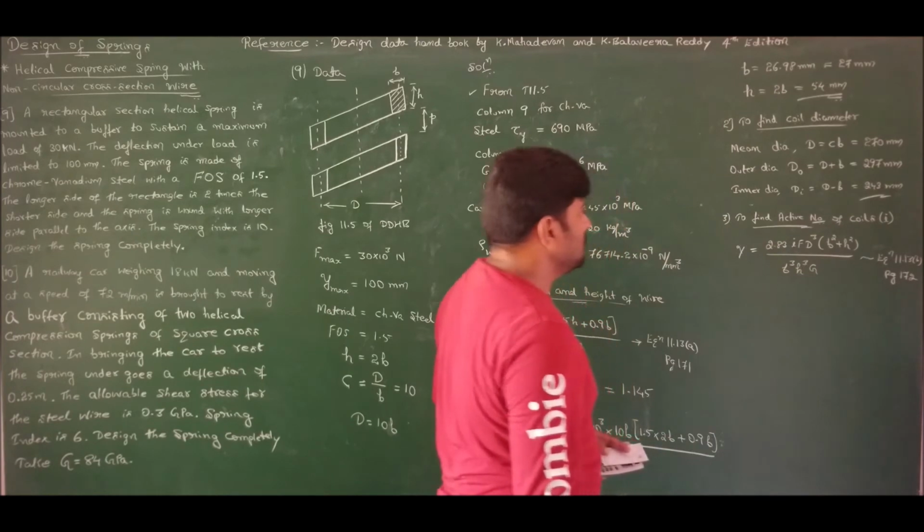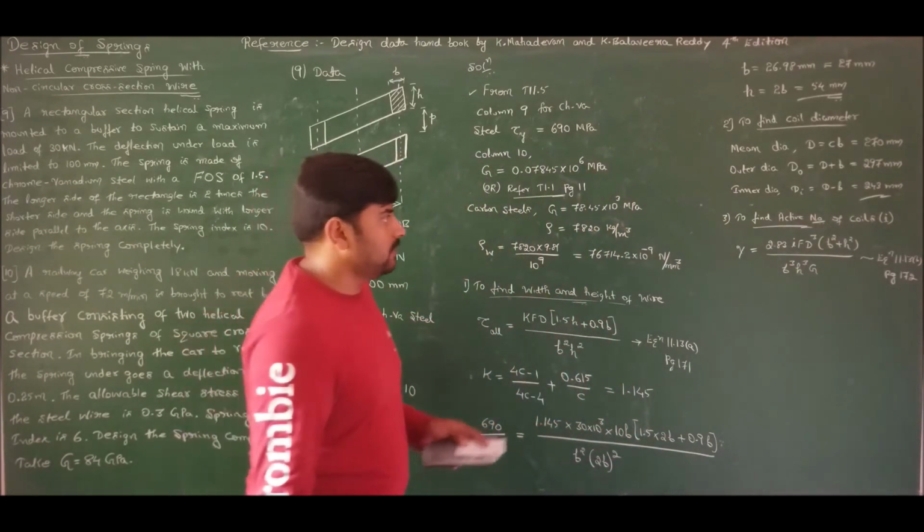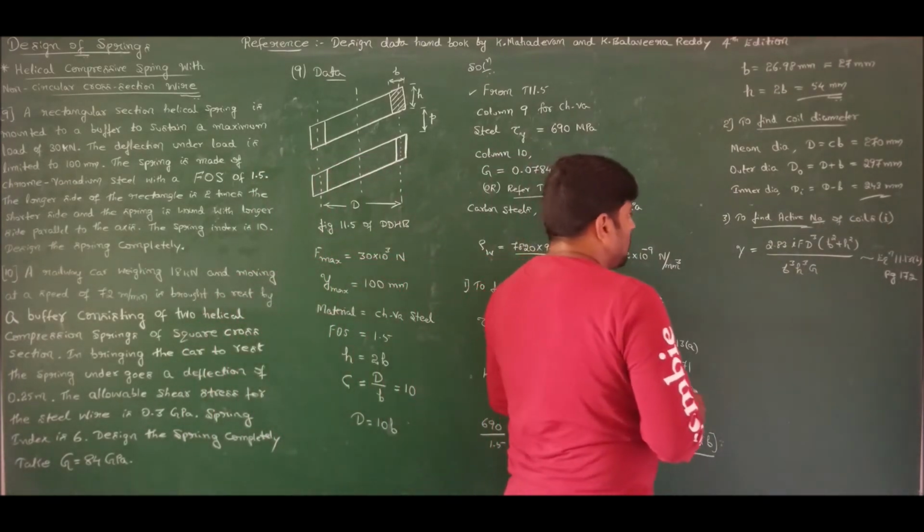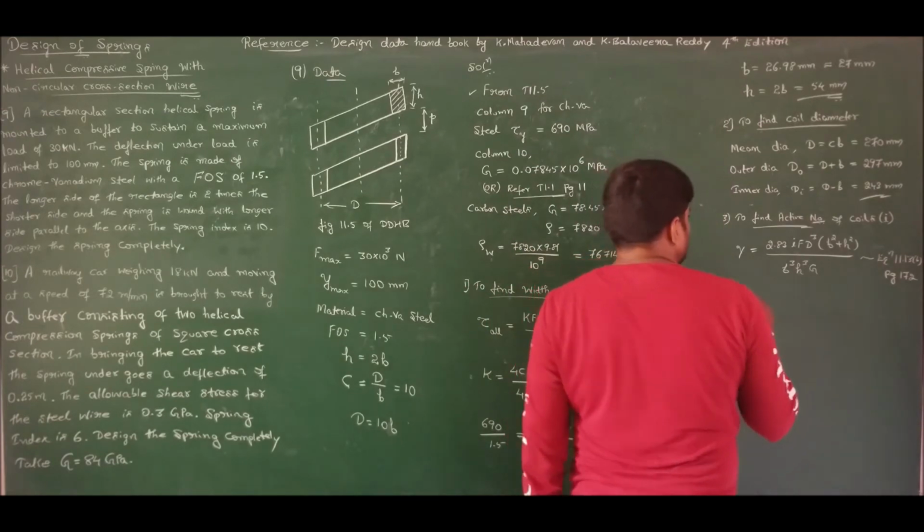So referring to page number 172, we have the deflection equation, and we calculate the active number of coils using this equation.